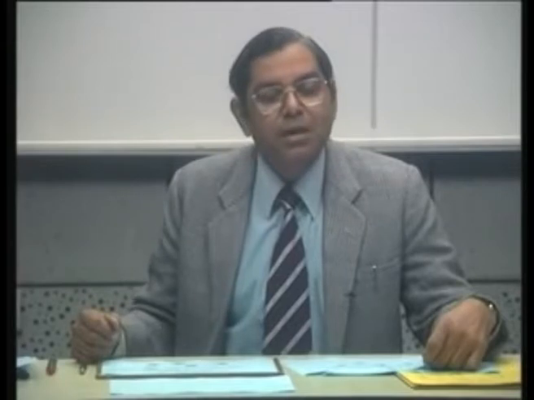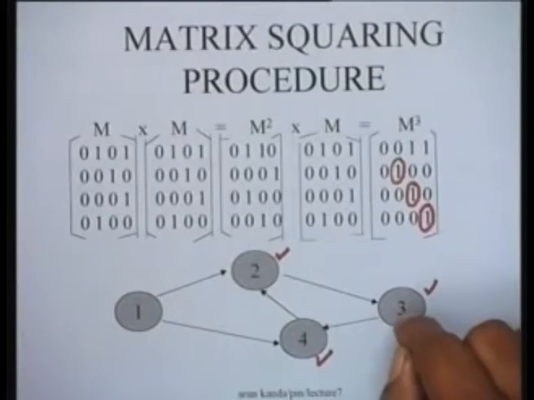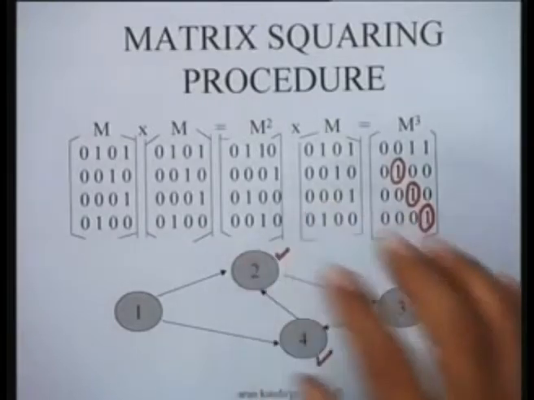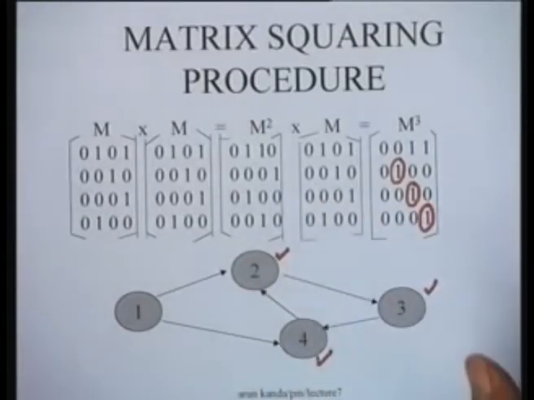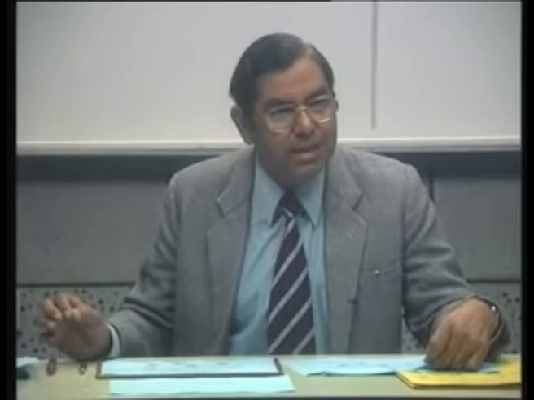If you get a 1 in M4 on a network which has only 4 nodes, it should actually be all zeros, because in a consistent network the maximum distance between n nodes can be n minus 1. There can be at most n minus 1 arcs in a consistent network.